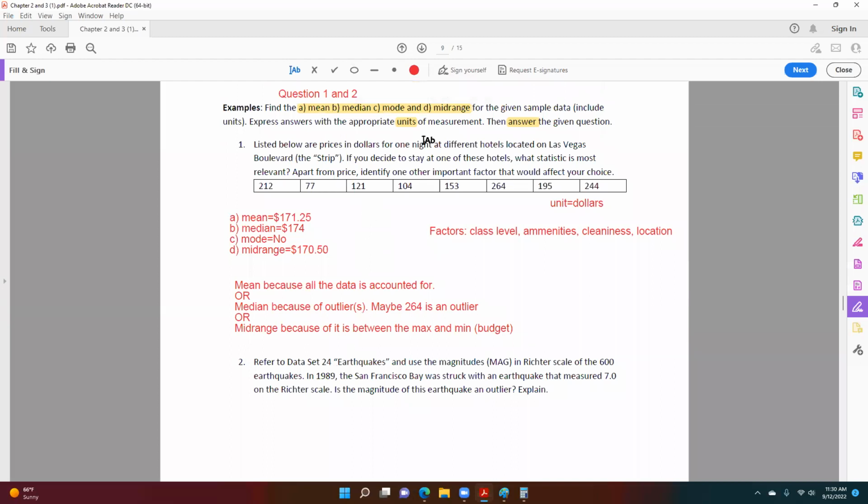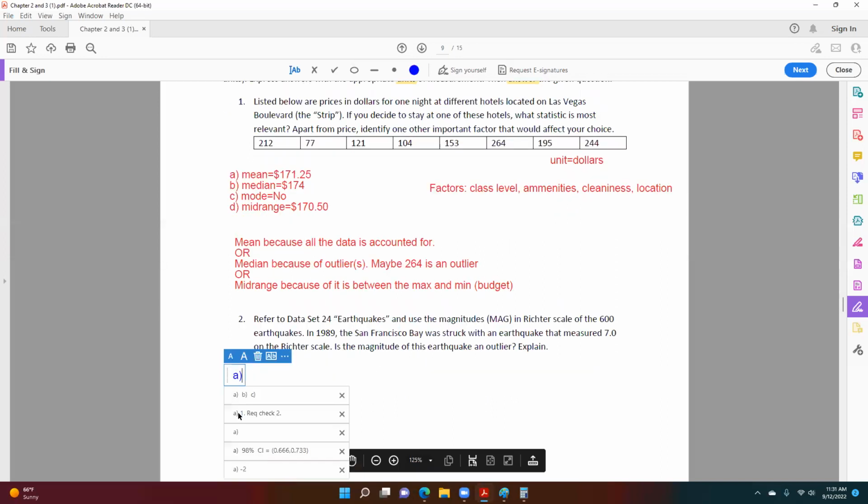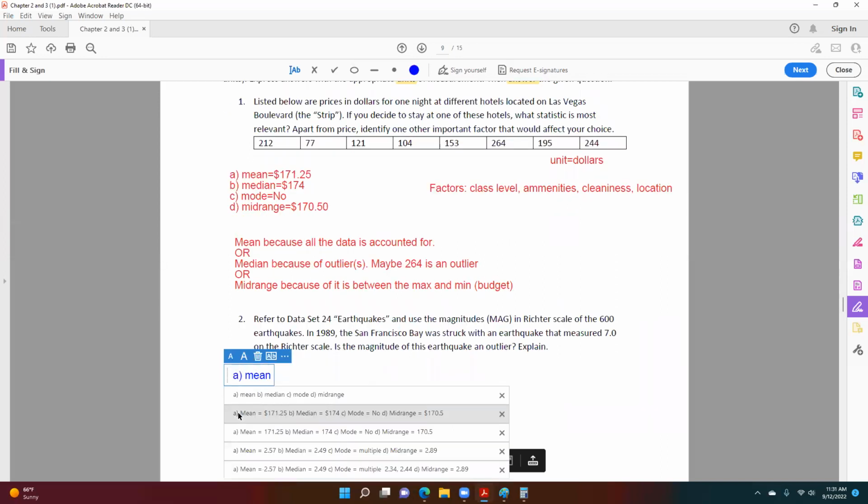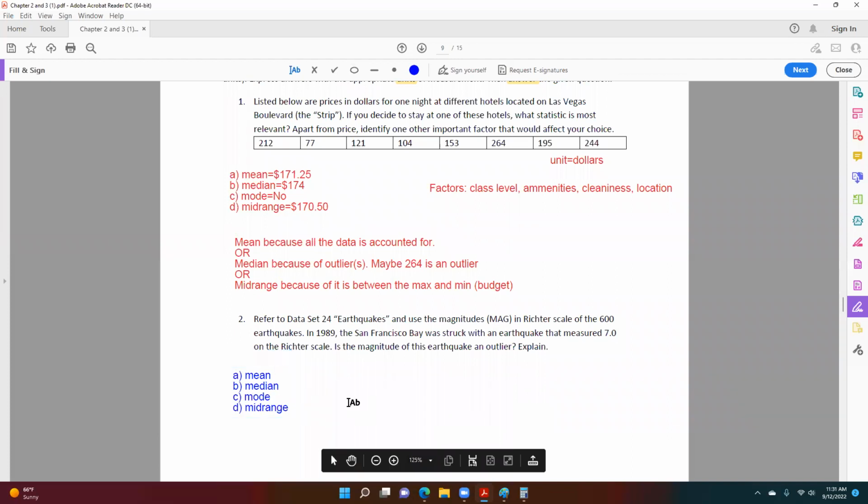Right, we will repeat the same thing for question number 2. Question number 2 is also asking you to find the mean, median, mode, and mid-range. But this time they want you to use the data set Earth-24, which is earthquakes, using the magnitude as the variable in Richter scale.